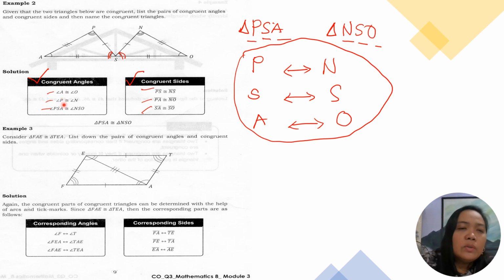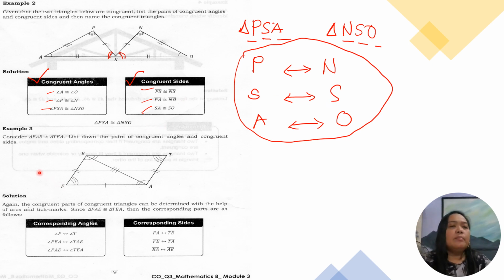Remember, in congruent angles, the vertices must also be corresponding to each other. Also, in the congruent sides, the corresponding vertices must be corresponding to each other. Like vertex P must correspond to vertex N, right? While vertex S corresponds to vertex S also.